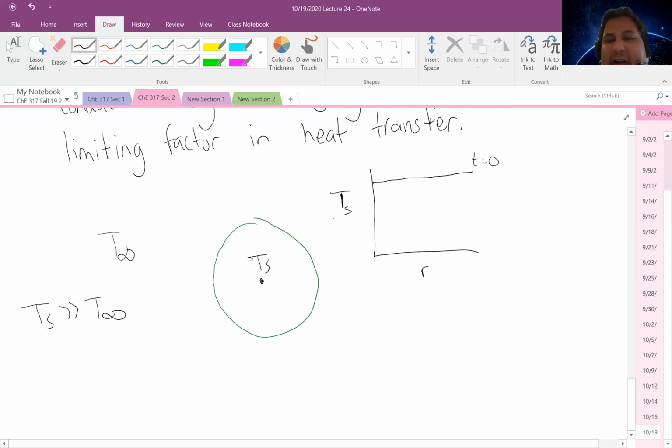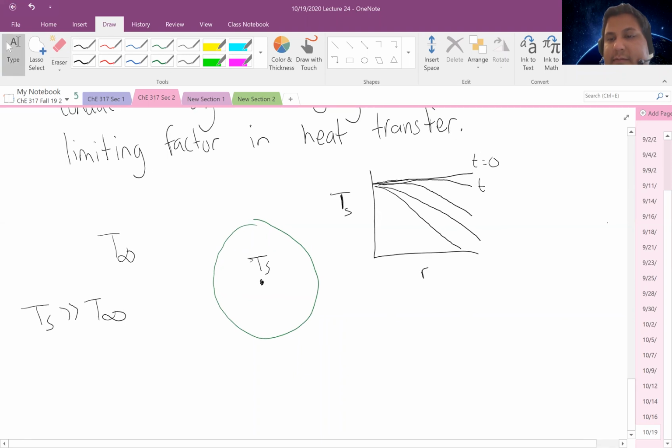However, at T greater than 0, the surface is going to transfer heat out into the surroundings, such that we start to see changes in that temperature profile. So T equals 1 minute, T equals 10 minutes. I'll clean this up to make it a little more legible.